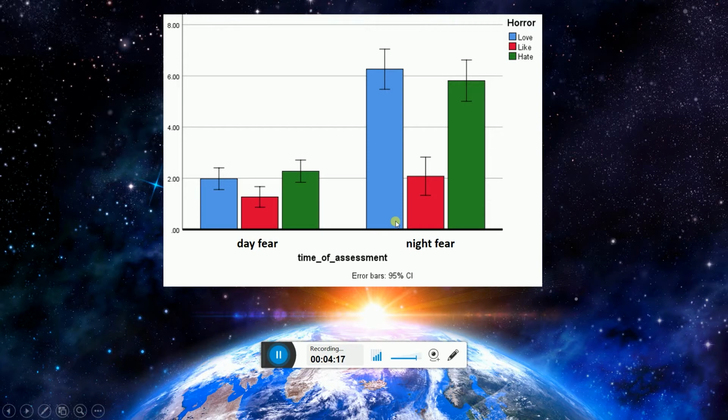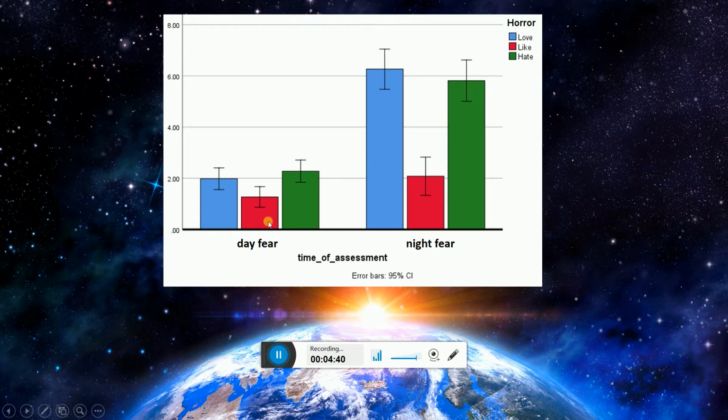So we could, I suppose, look at the plot and through a visual inspection tell people what's going on, but it would be far better for us to run additional analyses and, for example, find out which means are different from which during the day and which means are different from which during the night.